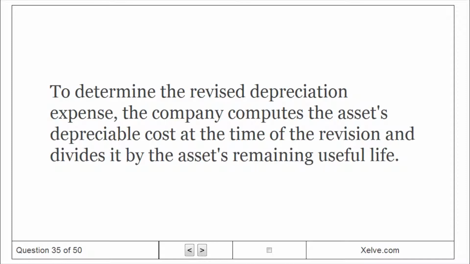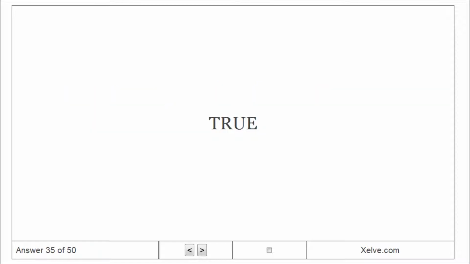To determine the revised depreciation expense, the company computes the asset's depreciable cost at the time of the revision and divides it by the asset's remaining useful life. True. Companies generally use the units of activity method to compute depletion.